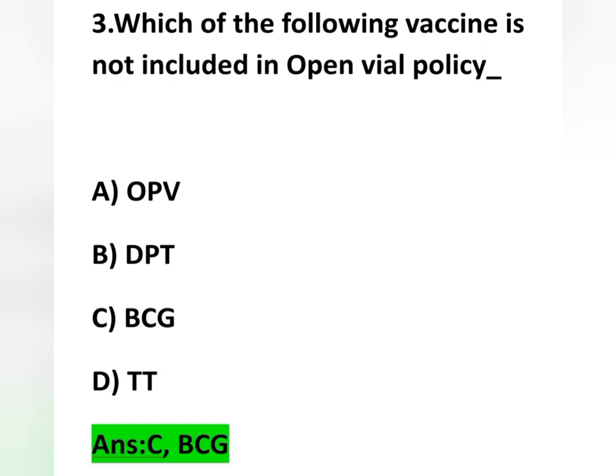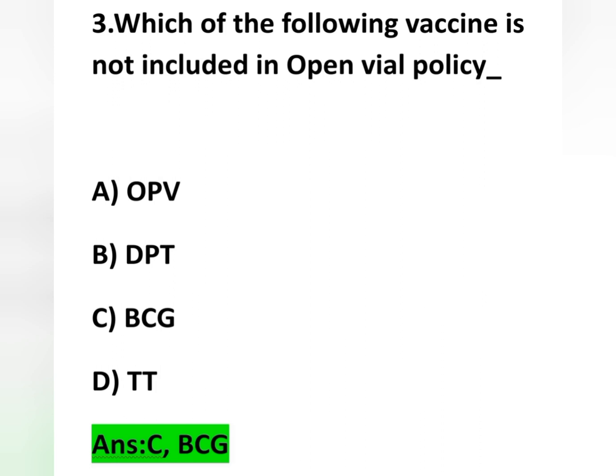Open vial policy means once the vaccine vial is opened, we can keep the vaccine up to 28 days in the refrigerator. Once we start to use the vial, we can keep and use it up to 28 days.